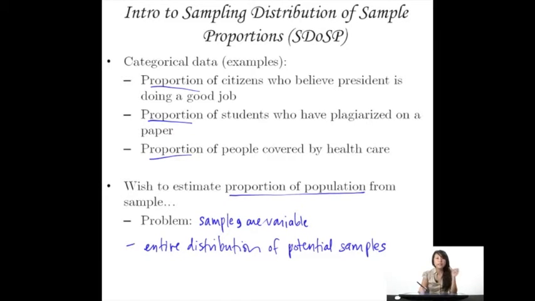And because we're not sampling and finding a mean, instead we're sampling and finding a proportion, it's called a sampling distribution of sample proportions, right? And so this is the idea found here, the entire distribution of potential samples. But once we get each sample, what do we do to it? We don't find the mean, we find the sample proportion. And then we plot those on a distribution.